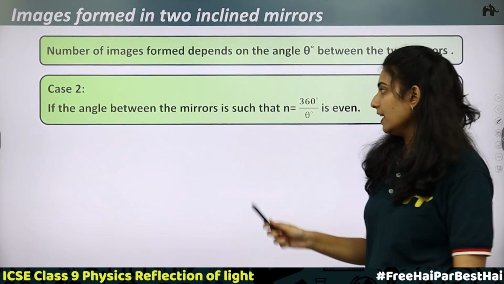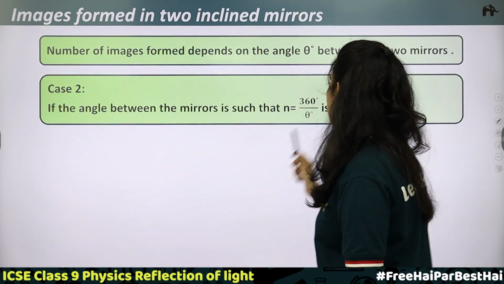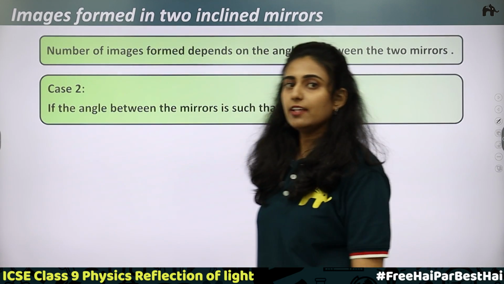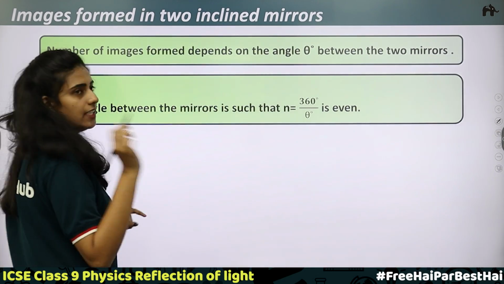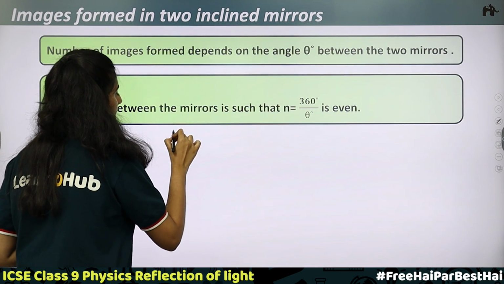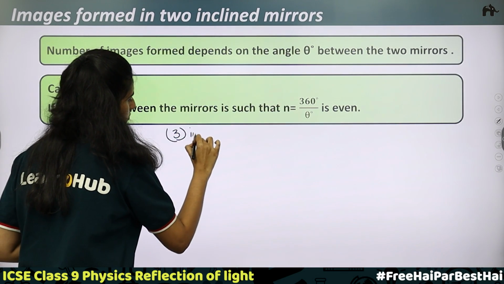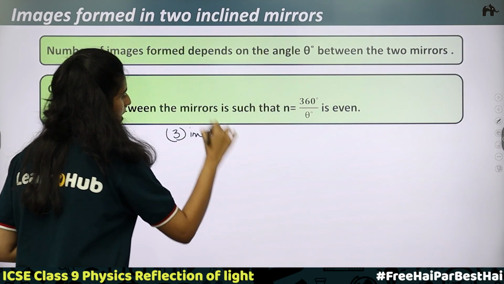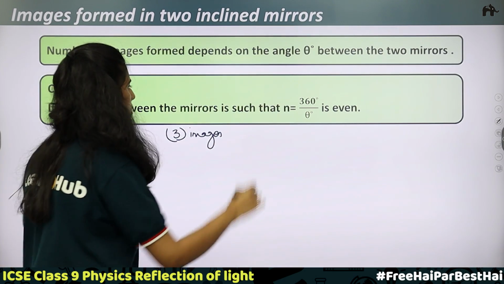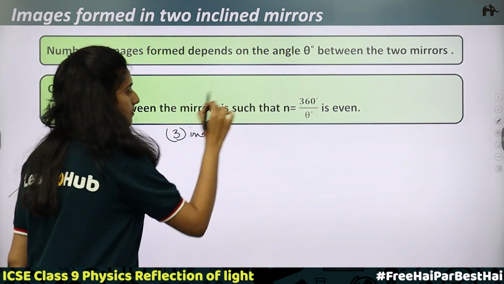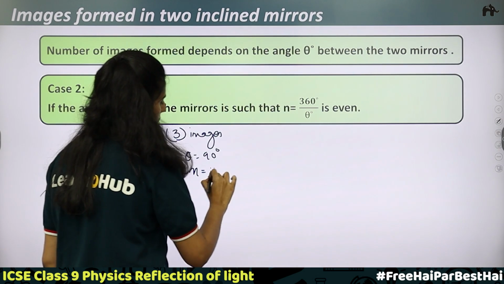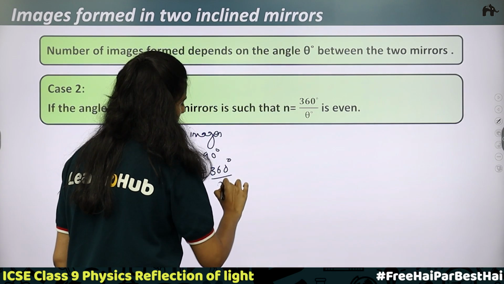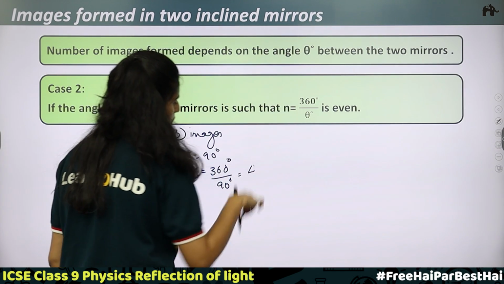Clear? Now the second case, if the angle between the mirrors is such that n is equal to 360 degree divided by theta degree is even. Now take the case of the candle. In case of the candle, we have seen there are 3 images. So what is the n value here? If we take theta is equal to 90 degree, n value will be equal to 360 degree divided by 90 degree, which is equal to 4.